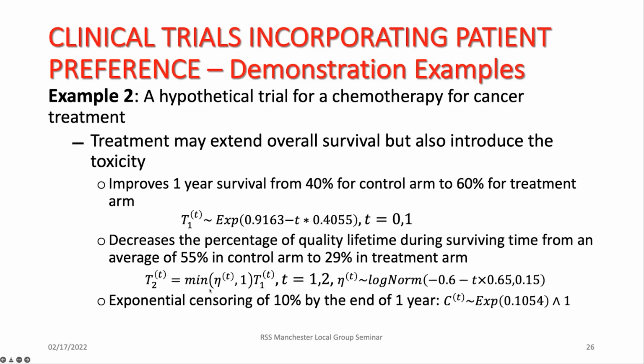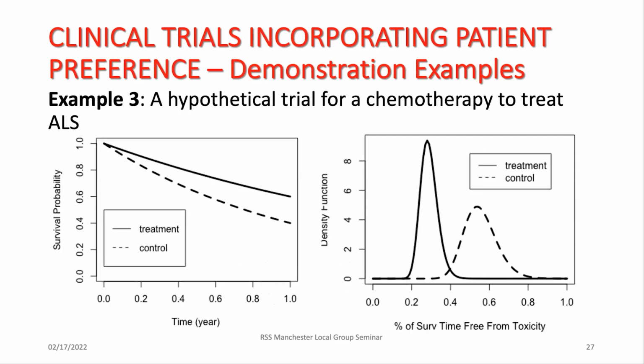And so there's a trade-off, basically: this is the quality of lifetime, which is the proportion of good quality of life times the overall survival time. And we create a random log normal distribution for this proportion. And we censor 10% of patients at 1 year in the trial. And so you can see the survival curves between the treatment arm and the control arm.